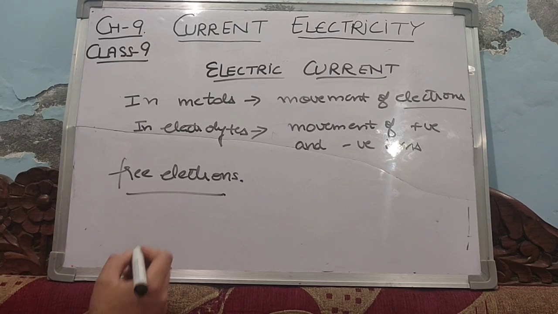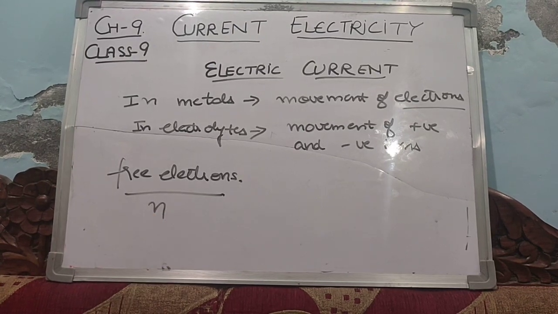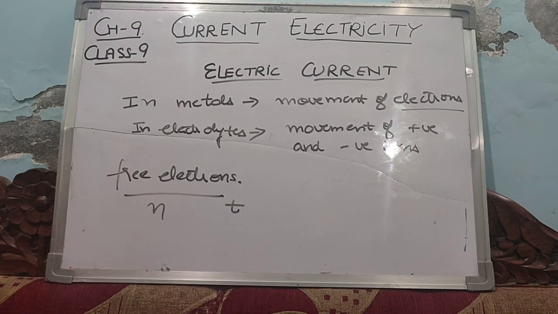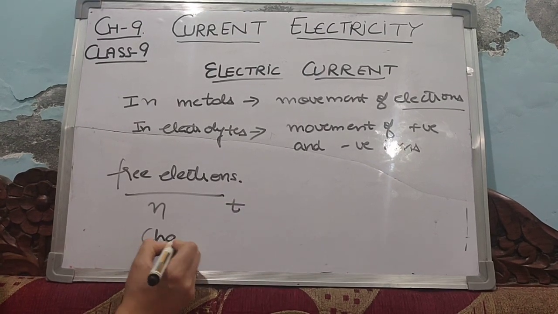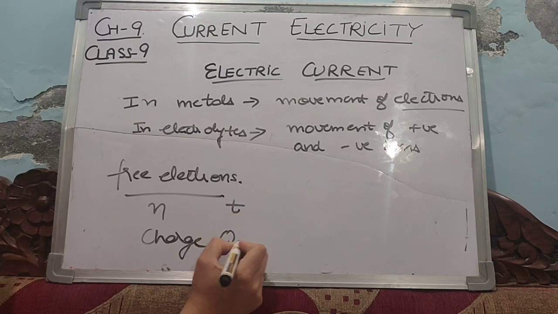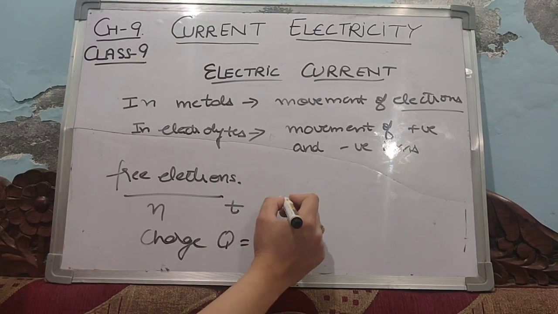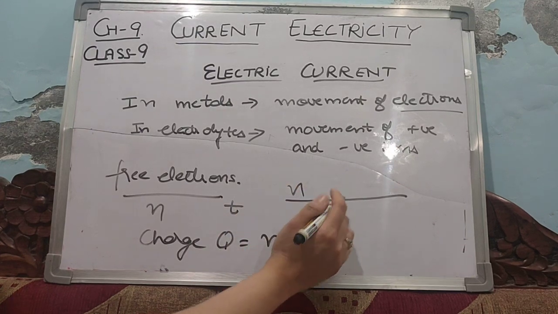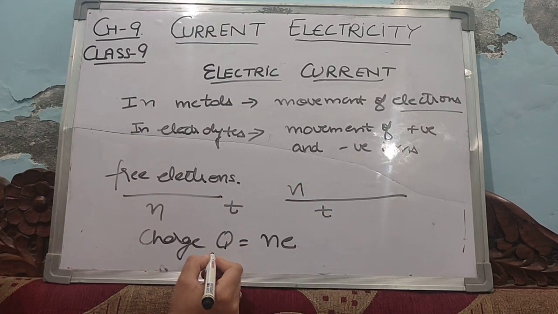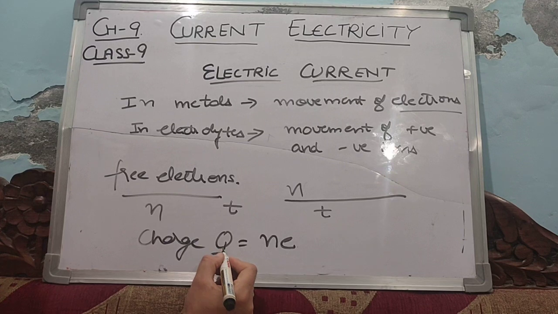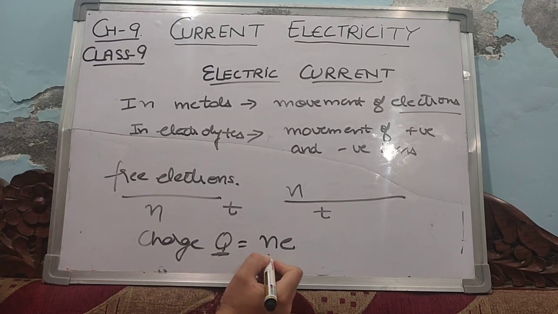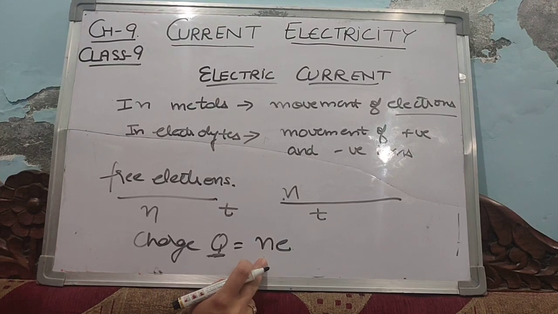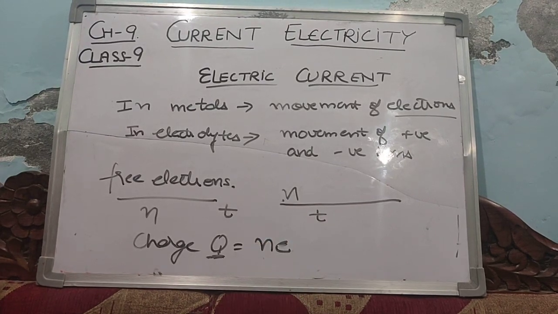Now let us say if n electrons pass through a cross section of a conductor in time t, then we can write down charge as Q is equal to Ne. Means suppose you have any conductor and n electrons flow through it in time t, then the charge will be equal to Ne, where n is the number of electrons and e is the charge on one electron.